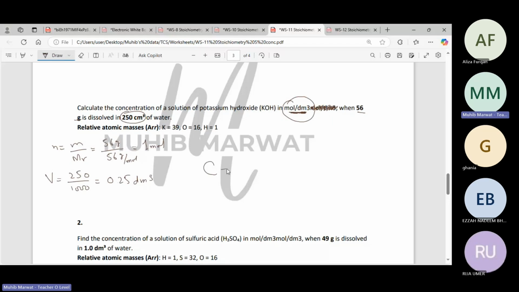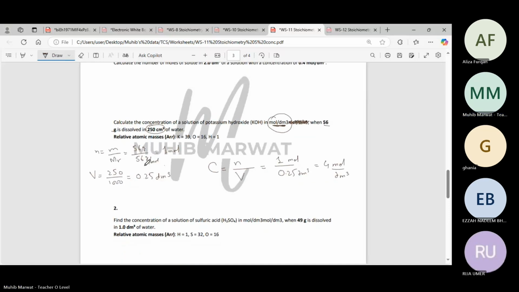You'll have to calculate number of moles over volume. So concentration: number of moles is 1, and the volume is 0.25, right? Calculate it, please. The answer is 4 moles per dm cube. Is it clear, dear students?